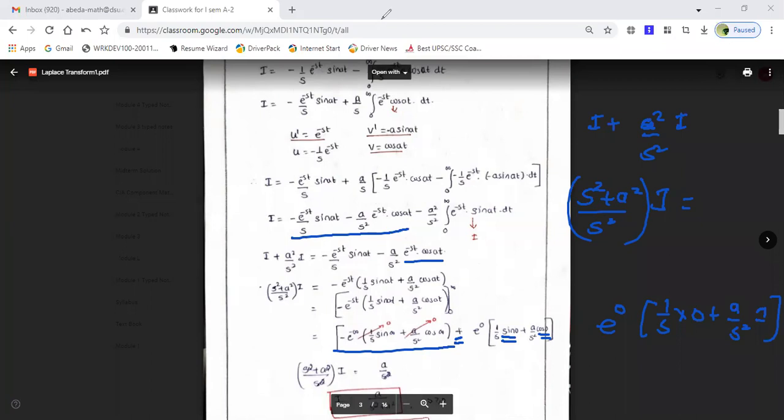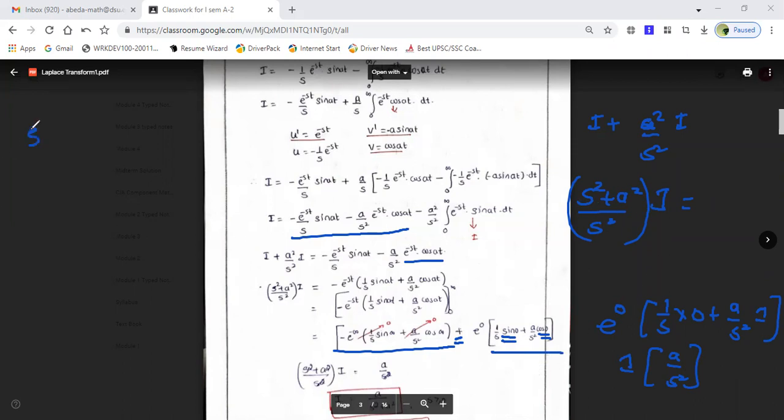E to the power 0 is 1, sin 0 is 0, and cos 0 is 1, so this is nothing but a upon s square. So what you have got on the right hand side is a upon s square. On the left hand side, you have got this.